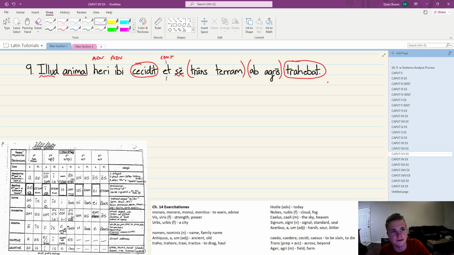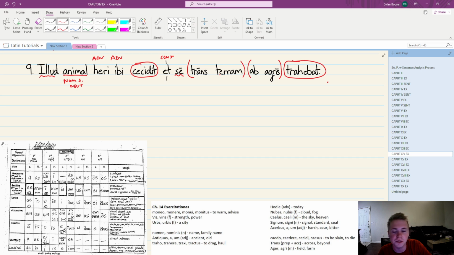So we'll start with the left side. So we have illud animal. Very simple here. Comes from animal, animalis, third declension, but it's just the nominative singular form. It is a neuter word.